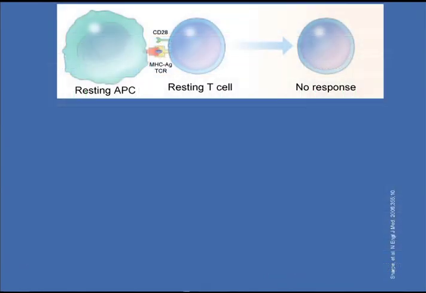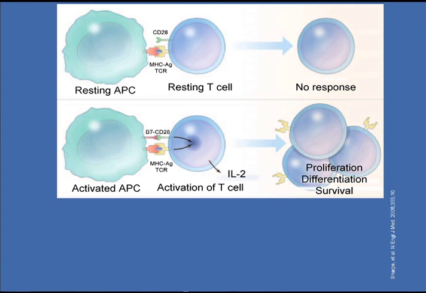If you have a resting T cell shown here in the top, it already expresses CD28, and it also expresses the T cell antigen receptor. If you have a resting antigen-presenting cell, you only get signal 1 through the T cell antigen receptor. But if you activate the antigen-presenting cell, then B7-1 is expressed on the surface, and so you can get not only signal 1, but signal 2.